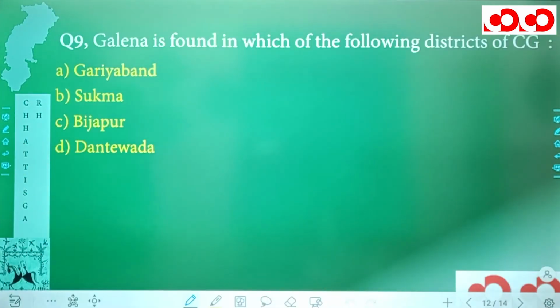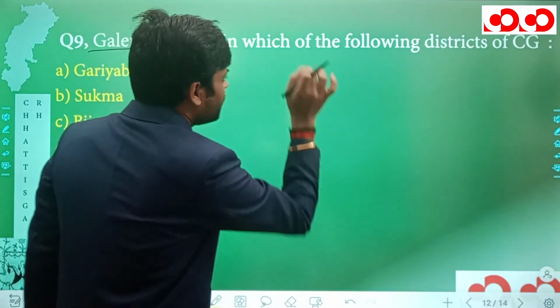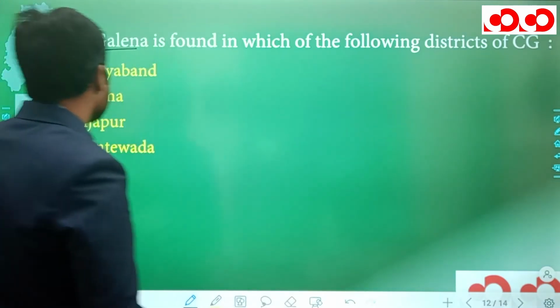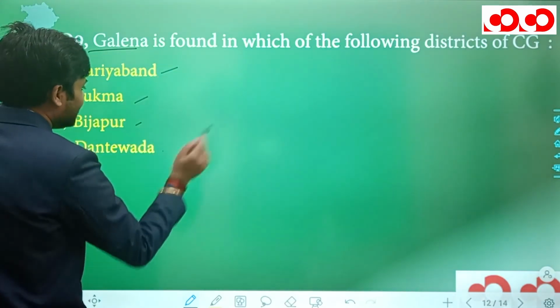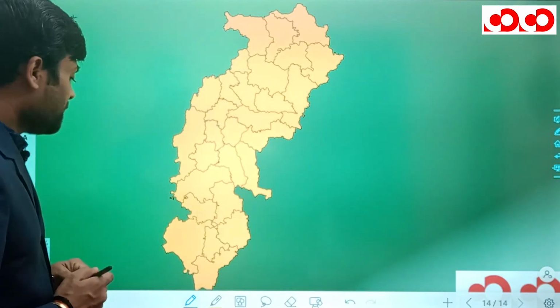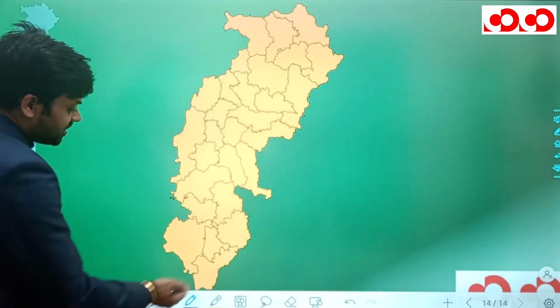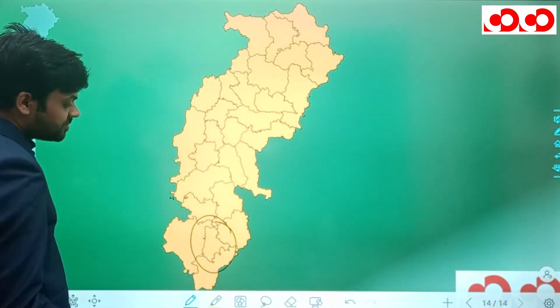Now in the 9th question we have, galena is found in which of the following districts of Chhattisgarh? The options are Gariyaband, Sukma, Bijapur and Dantewada. Now let us solve this question with the help of a map. So in Chhattisgarh we have this Dantewada district in the Bastar division.